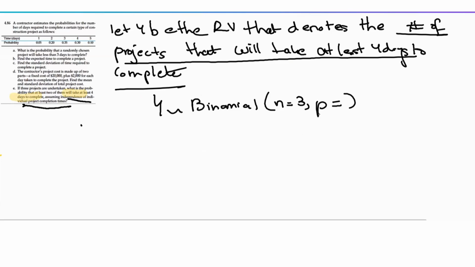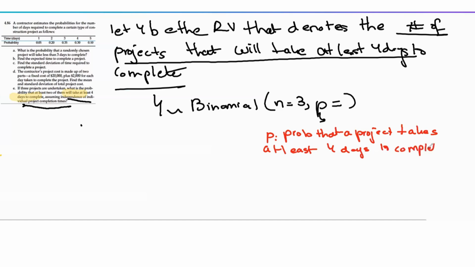What will be the probability of success? Success is always in terms of whatever we're looking for. Here, success is that a project takes at least 4 days to complete, depending on what we want to find.